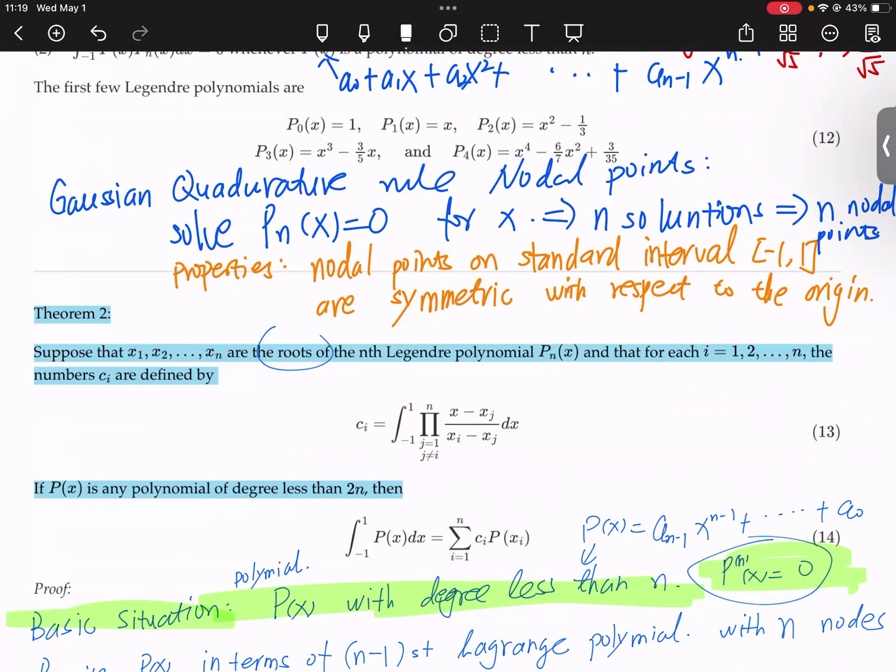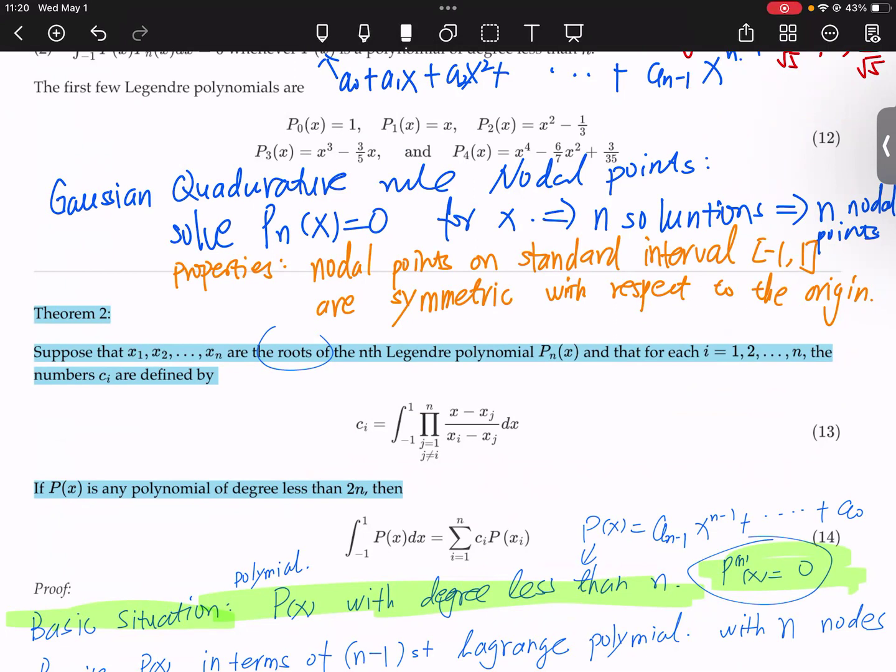Okay, so let's take a look at the theorem statement here. This is very important. First of all, it states what the Gaussian quadrature node points are. The node points start from index 1.